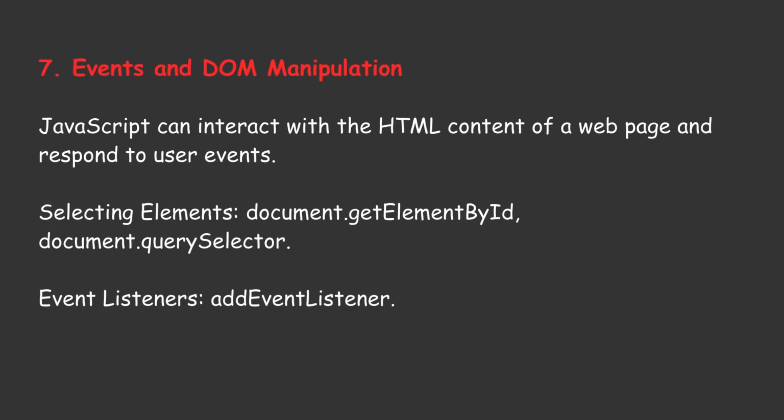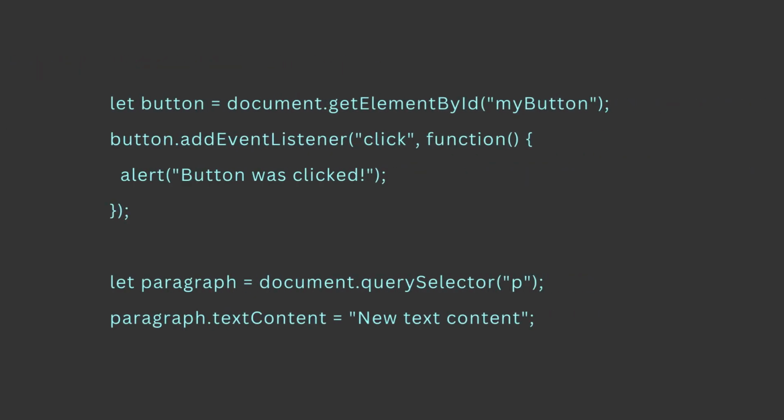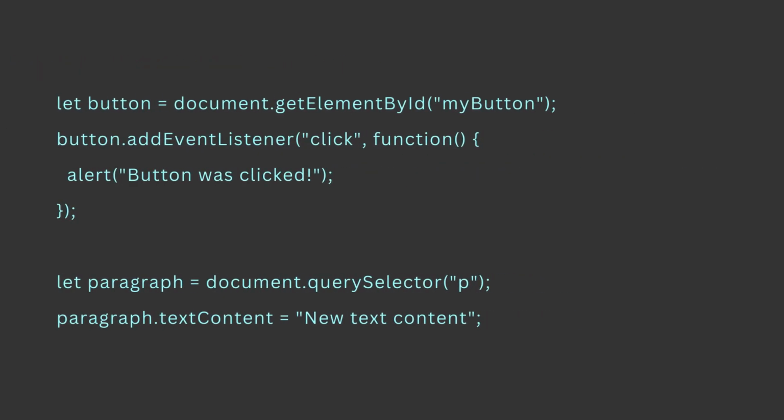Eighth one is events and DOM manipulation. JavaScript can interact with the HTML content of a web page and respond to user events. Selecting elements: document.getElementById, document.querySelector. Event listeners: addEventListener. This JavaScript code selects an HTML button element with the ID myButton and adds an event listener to it.